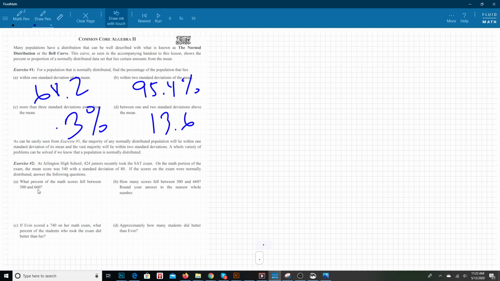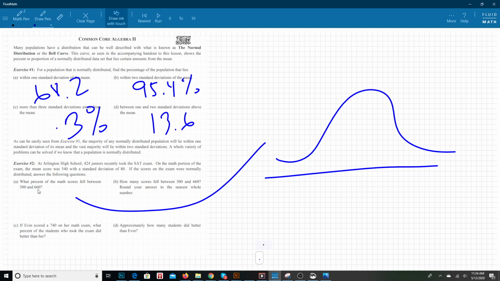Okay, so what percent fell between 500? First things first, let's set up a normal distribution curve. We have a normal distribution curve right here. And it says that 424 juniors recently took the SAT. On the math portion, the mean score was 540, right? So we have 540 as the mean right here, which was the average.